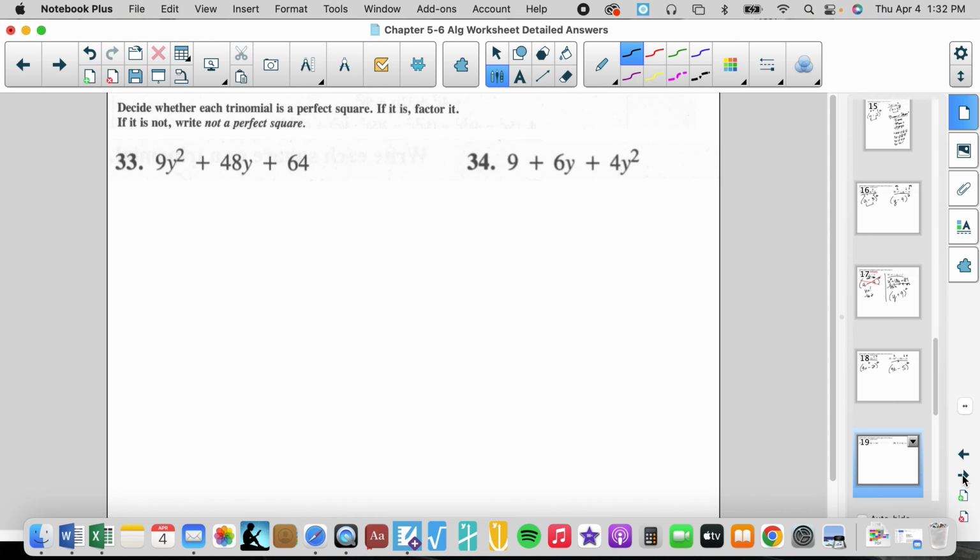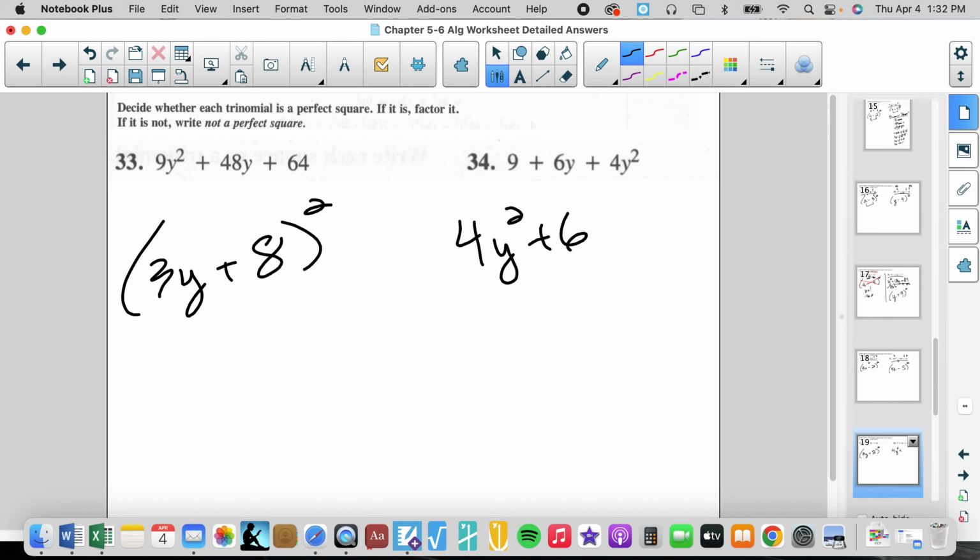Yes. Three terms, yes. Third term positive, yes. Perfect square, yes. 3y, that's 8. Bring down the positive quantity squared. That's 24. Doubled is 48y. Yes. I'm going to rewrite this in standard form. Three terms, yes. Third term positive.